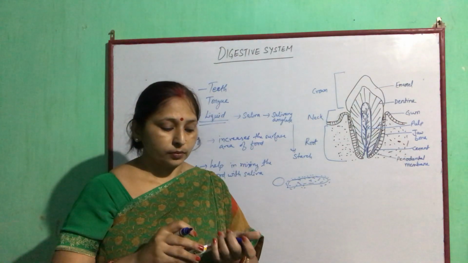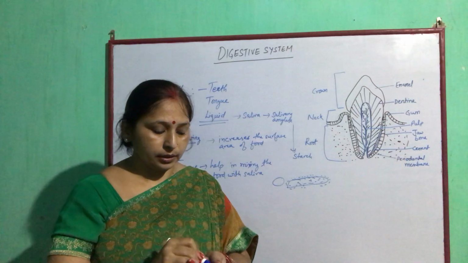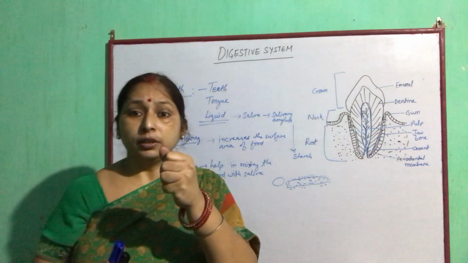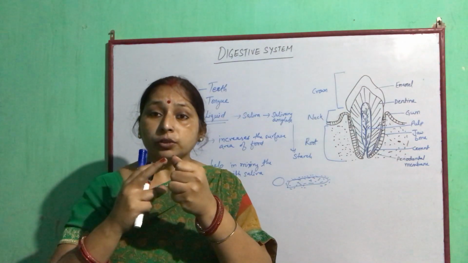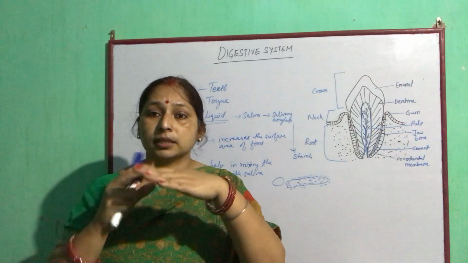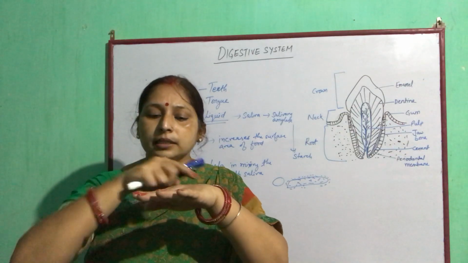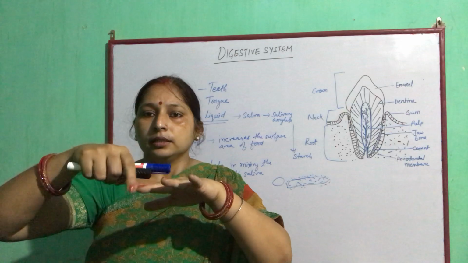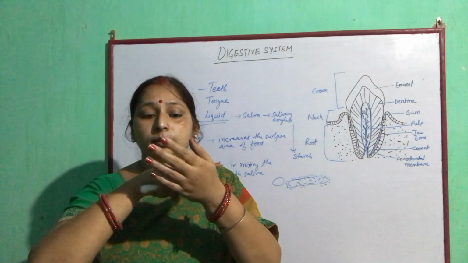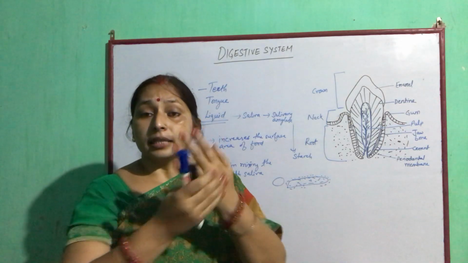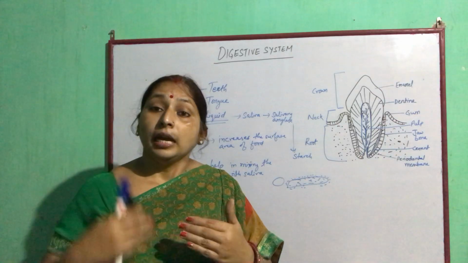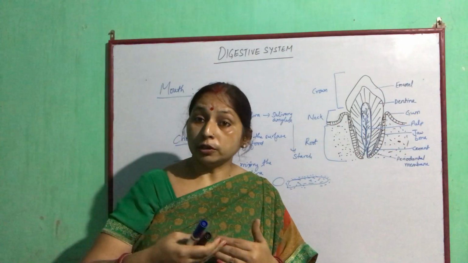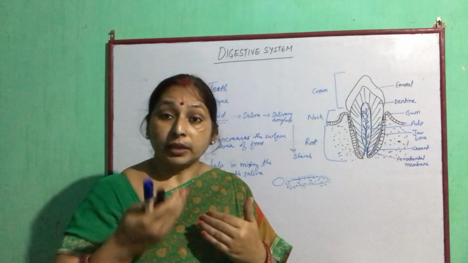If I explain, this is the food that we take, and after chewing we make it into a paste. It spreads, and the surface area is this, complete. The surface area increases, and this increase helps the enzyme act more on the food particles and aid digestion.